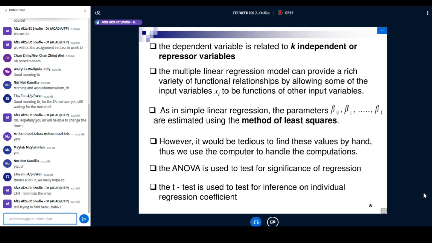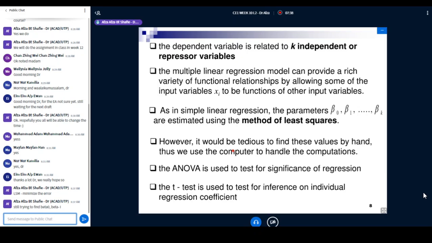So what we do is, how do we actually evaluate that? We basically run this on statistical software to handle all the computations. If not, in order to find all the beta, you will need to use computational methods, the Gauss elimination, the matrices.